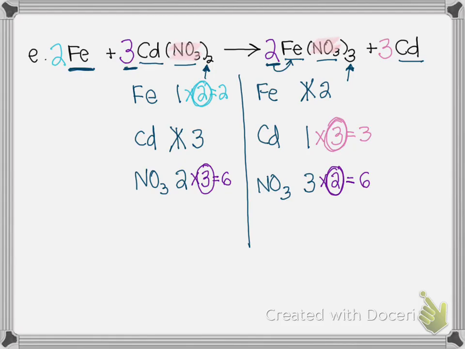I have 2 irons on both sides. And 3 in front of the cadmium makes 3 cadmiums on both sides. And then I have 6 nitrates and 6 nitrates. Now, if you want to practice this, breaking down the nitrogen and then the oxygen, you will do the same thing and come up with the same answer.